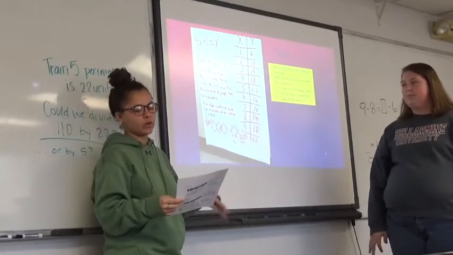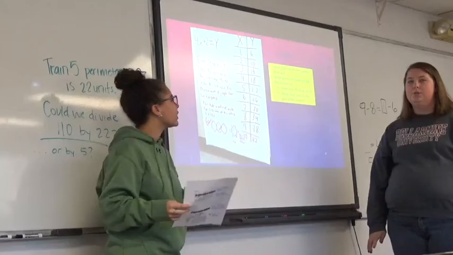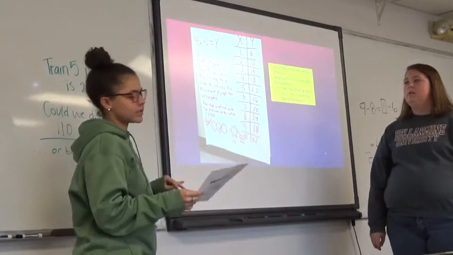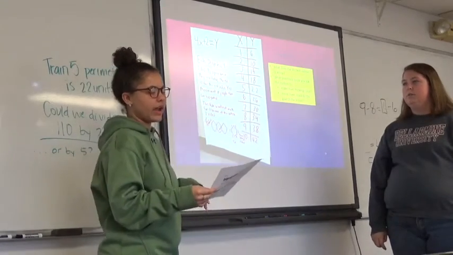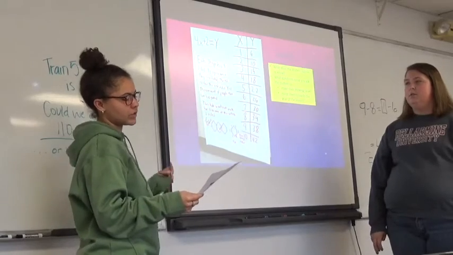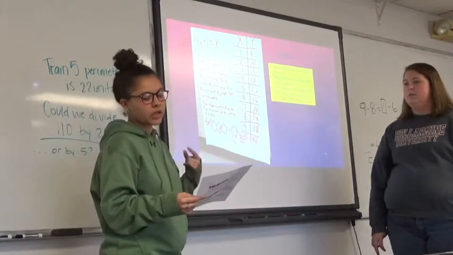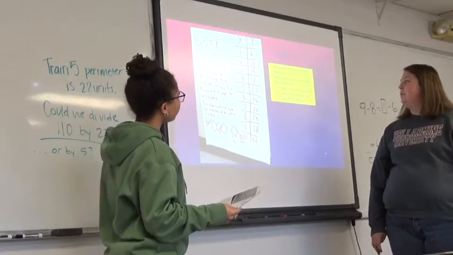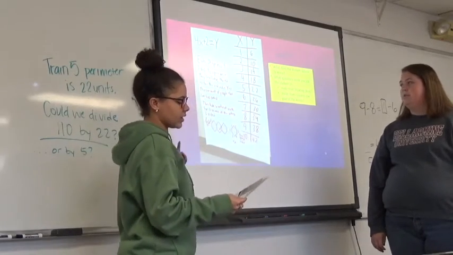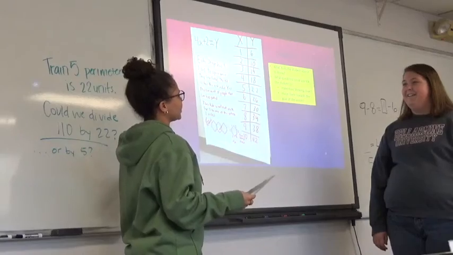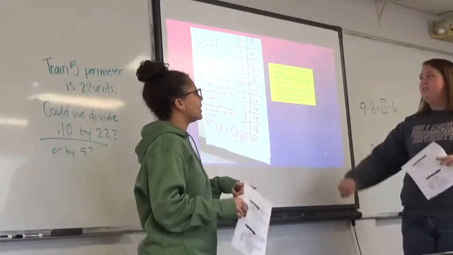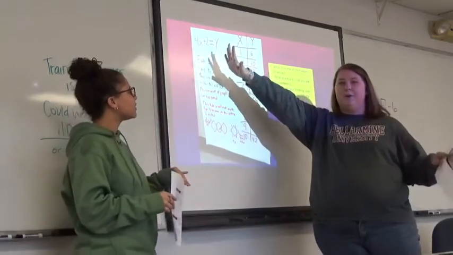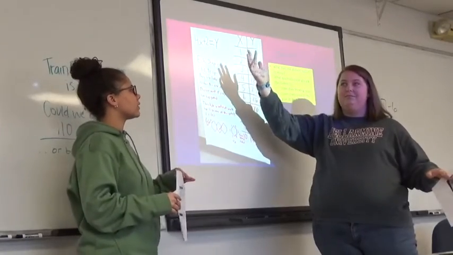Well, they matter, but we don't count those because they're shared sides. And then they created this table, and since they didn't show us how they got all of these numbers, one of our questions was what process did you take to get the numbers in the Y column, to make that more clear for us. And our other question was, how can you check to see if this equation would work?